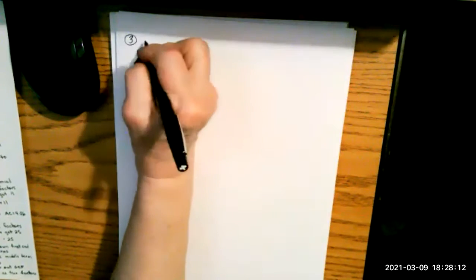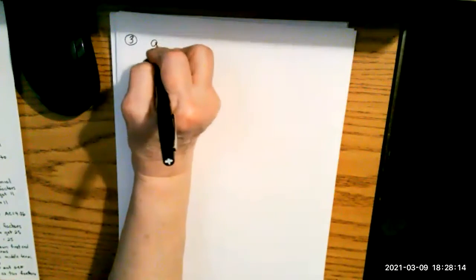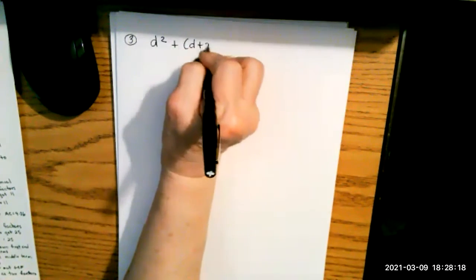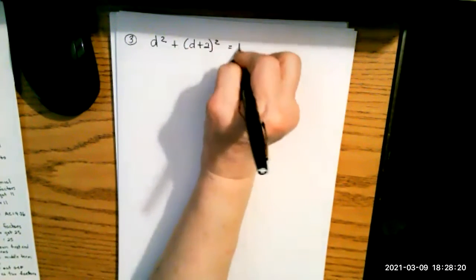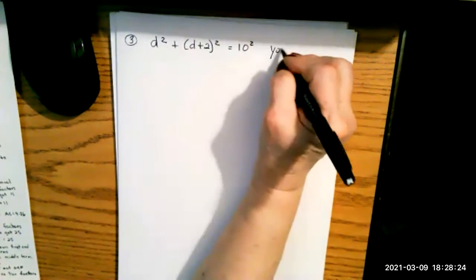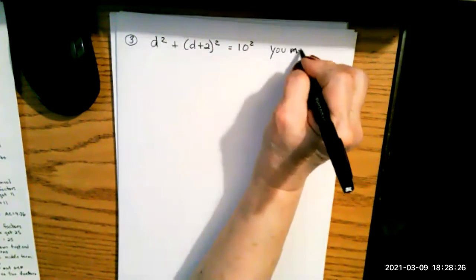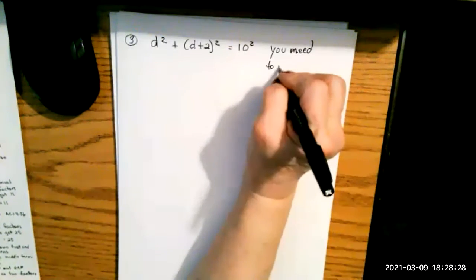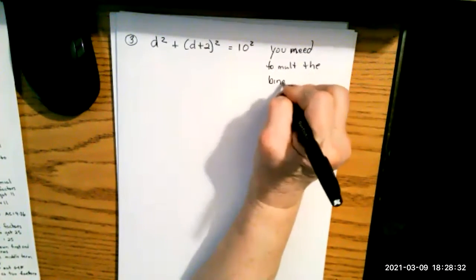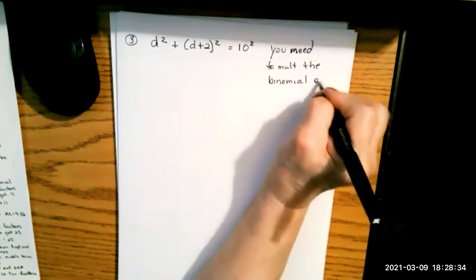Well, the third thing that you're going to need from this section is if you have a problem like d squared plus (d plus 2) quantity squared equals 10 squared, then you need to multiply the binomial out first.